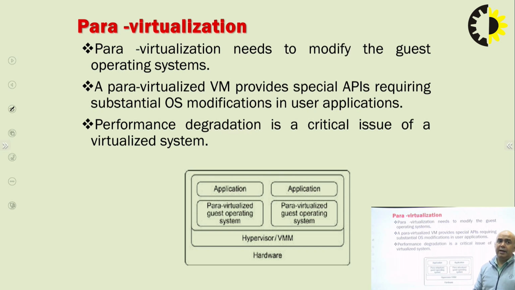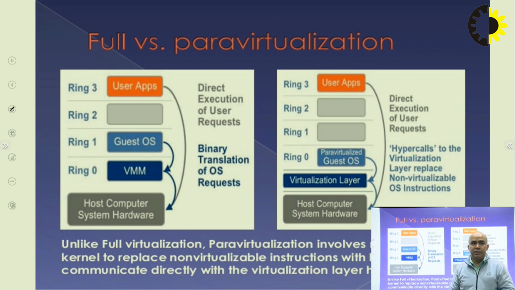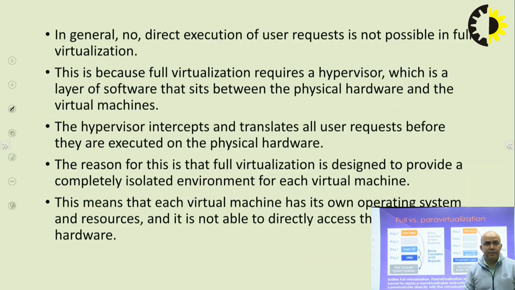Here the APIs require modification of the user applications. So this is the difference between full virtualization and para virtualization. Here the user can send requests directly, or they have to send them through the VM.